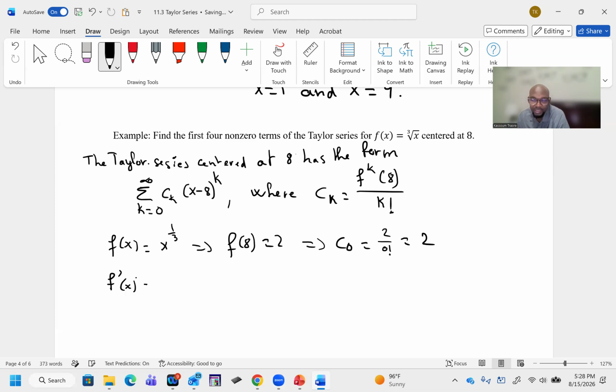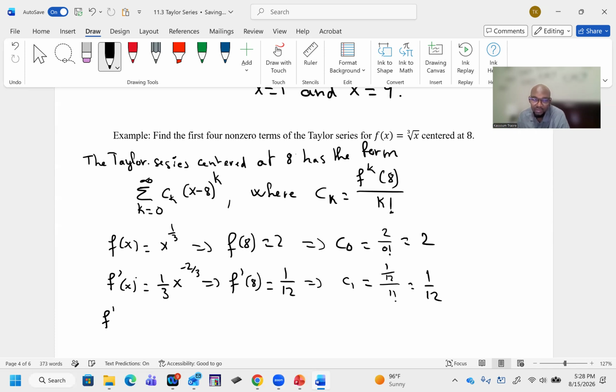f prime of x is 1/3 x to the power of negative 2/3, which means f prime of 8 will be 1 over 12. Then c1 will be 1 over 12 divided by 1 factorial, which is 1 over 12.